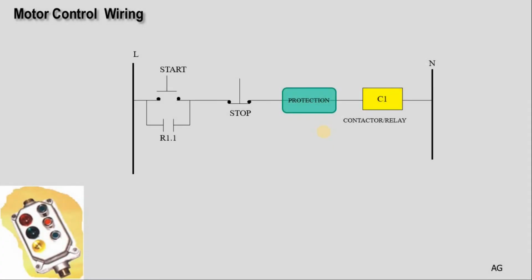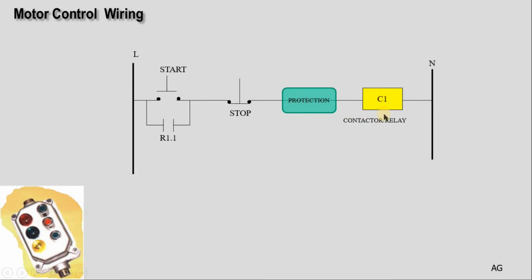So let's do more circuits now in ladder logic. This is the circuit of motor control wiring. You have a start push button and a stop push button, and then some protection if you would like, and then you have your contactor. When you press the start, the power will go all the way to C1. It will be energized.